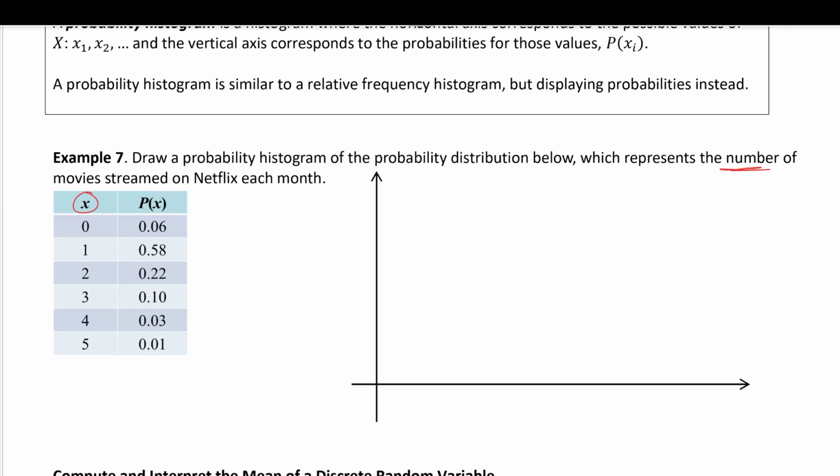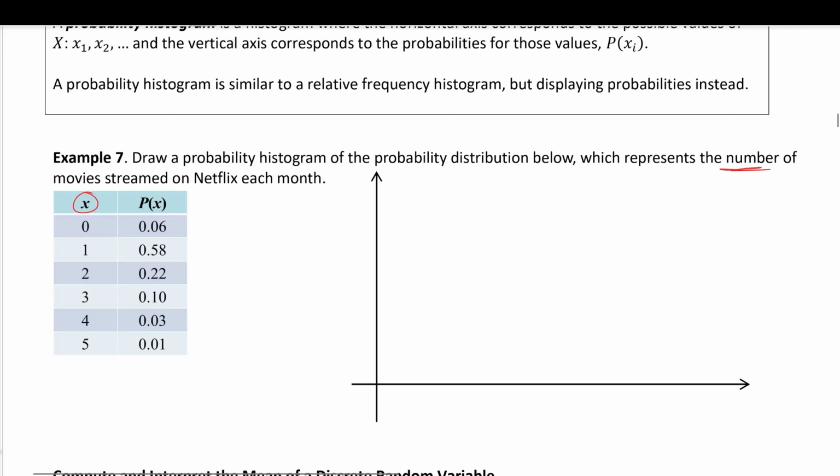per month. Okay, so what we're saying here, and these probabilities could be interpreted as really percentage of subscribers, or when you randomly select a person, the probability that they would see 0 movies is 6%. Okay, can have any one of those interpretations. Okay, so yeah, so in this case, about 6% of subscribers didn't watch any movies at all.